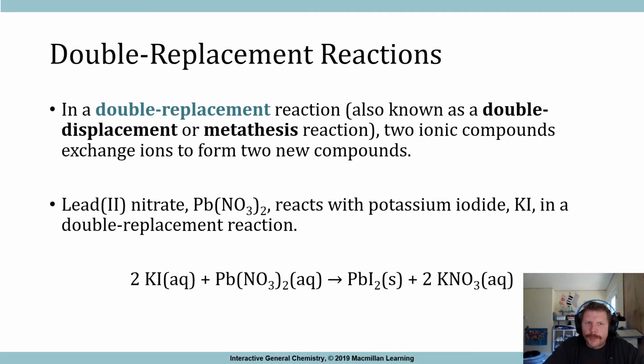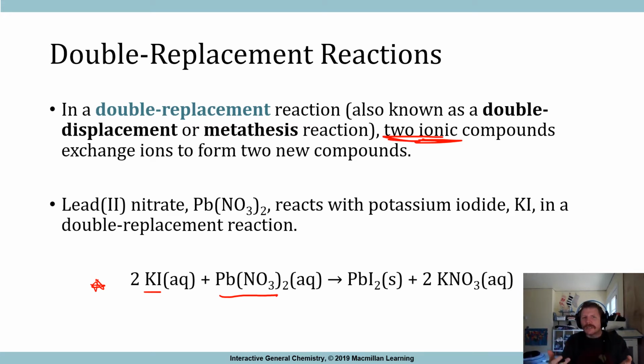A double displacement reaction, well, we've got 2 ionic compounds that exchange ions. So if we look down at our example, we've got KI and Pb(NO3)2. So lead nitrate and potassium iodide kind of switch spots in a double displacement reaction. What's most important about this is being able to identify your ions, because remember, this is 2 ionic compounds.